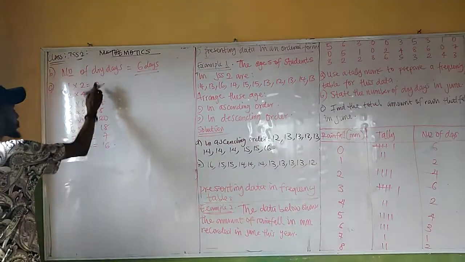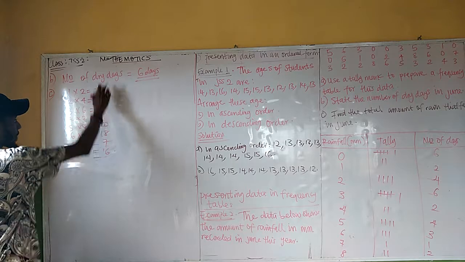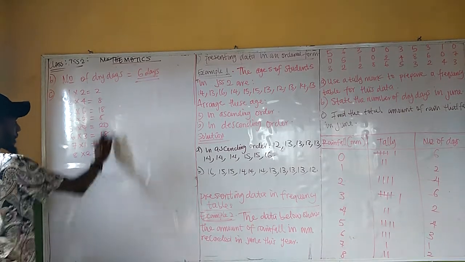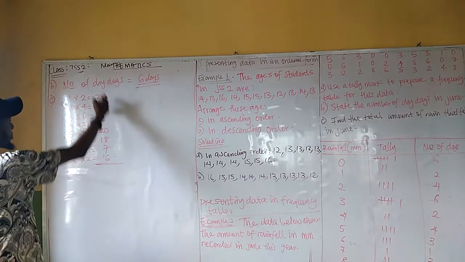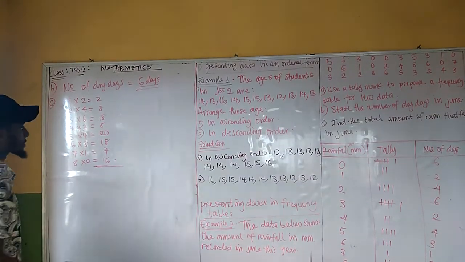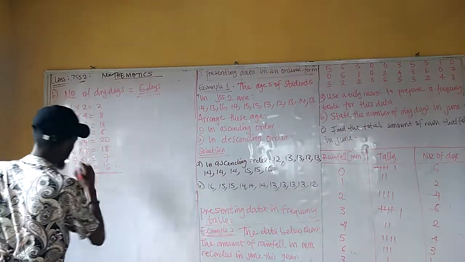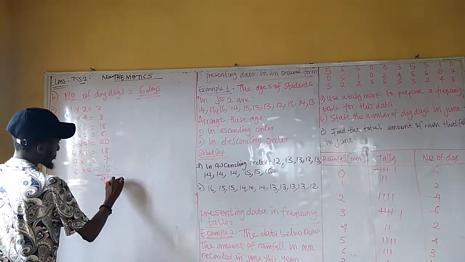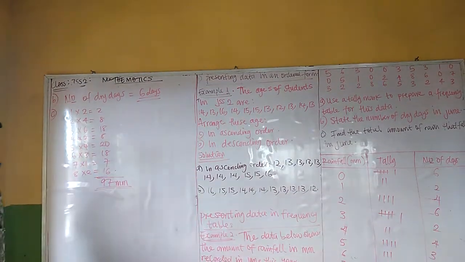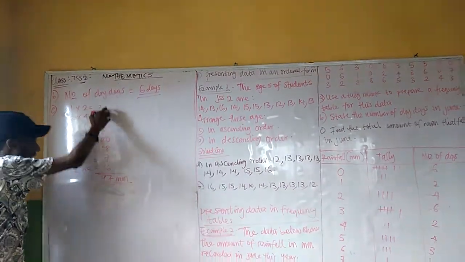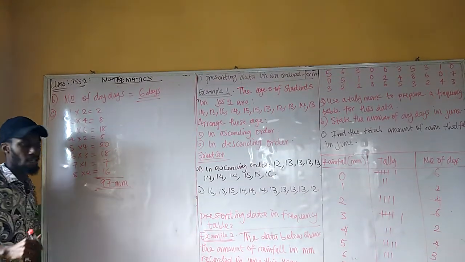After you are done doing this, the next thing is to add everything together, your total summation fx. By the time you add everything, you are going to have 97 millimeters.